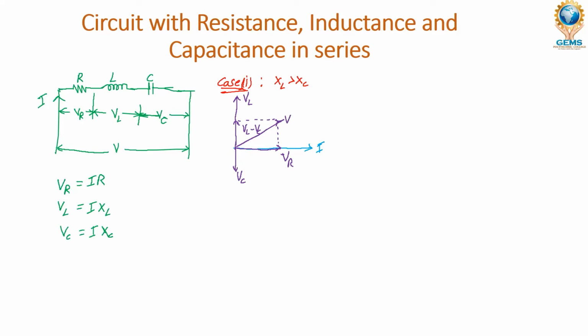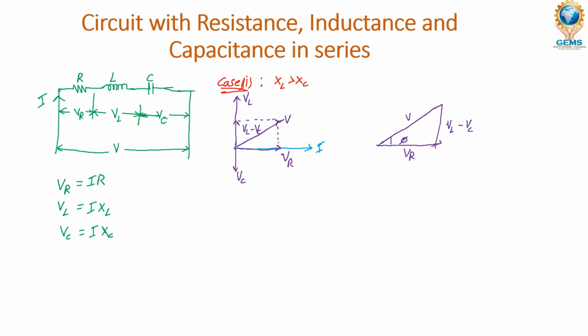If you see the impedance triangle, it will be like this. This is VR. This is V. This is the VL minus VC. Phi.